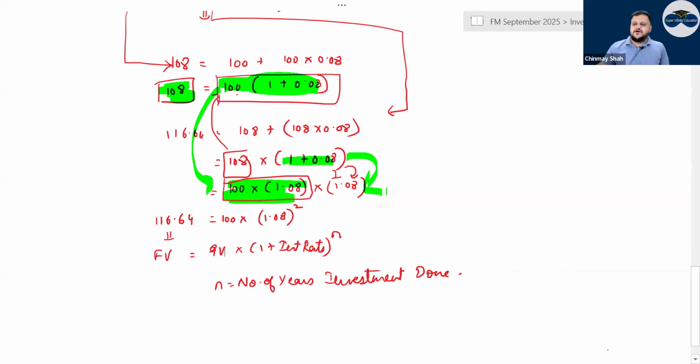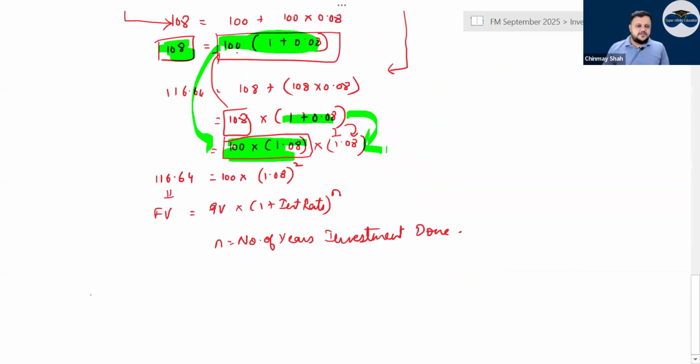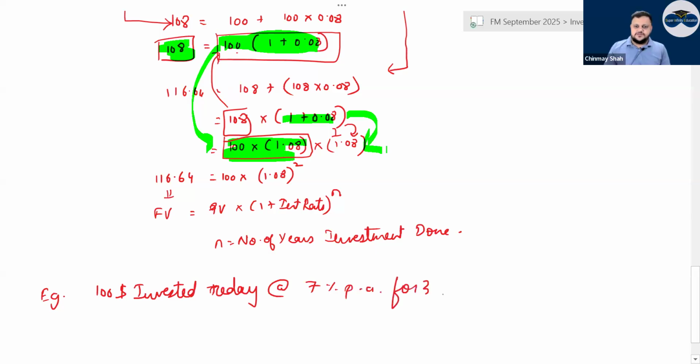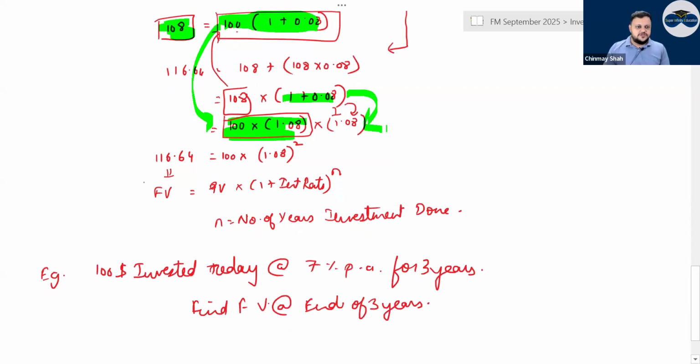Now, directly using the formula, can you find the answer? Example: $100 invested today at 7% per annum for 3 years. Find future value at the end of 3 years. Chalo, use this formula.